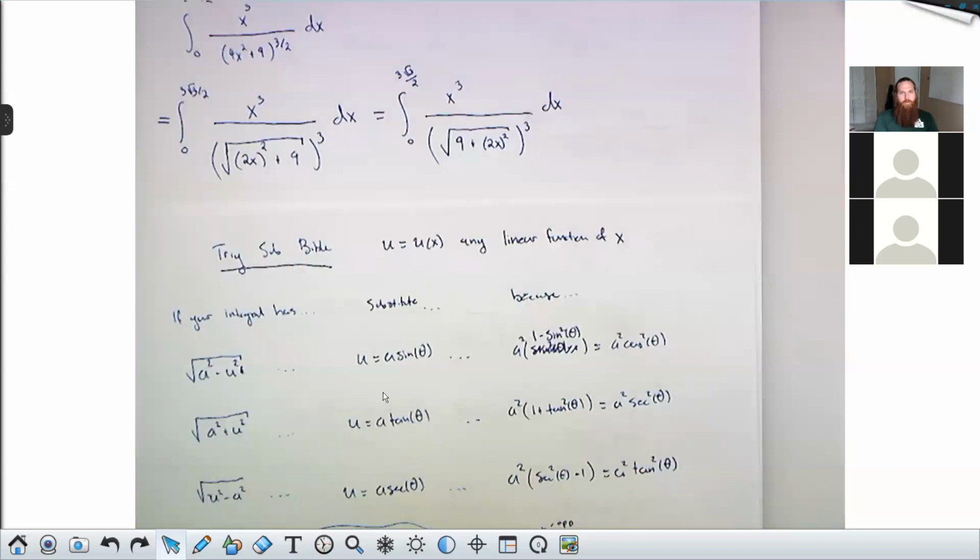So what am I going to substitute in this integral? What trig sub am I going to do here according to the middle row of my Trig Sub Bible?